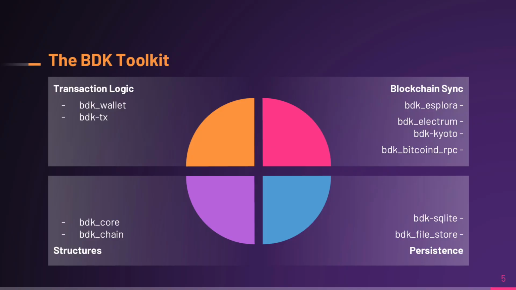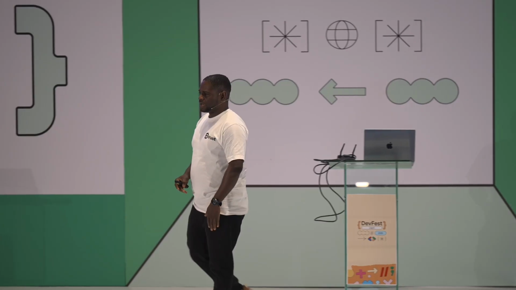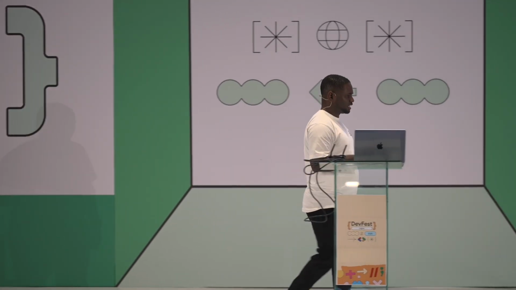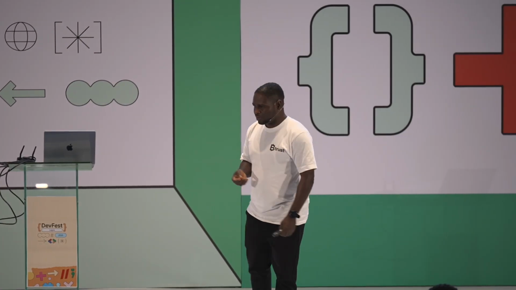Now, what is BDK? BDK's full meaning is Bitcoin Development Kit. As the name implies, it's a kit. They provide you libraries, and these libraries are like components. Let me use an analogy of cooking. You want to cook jollof rice. What do you need?